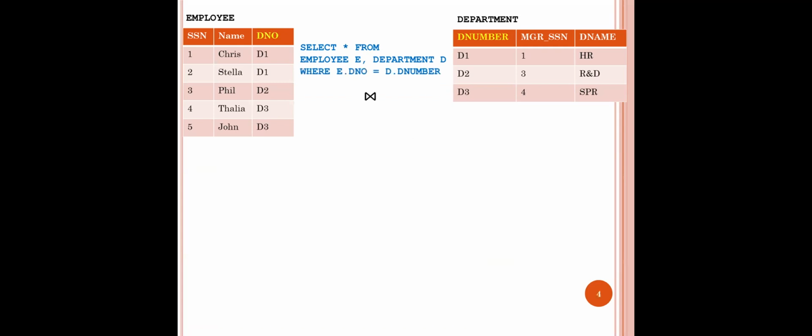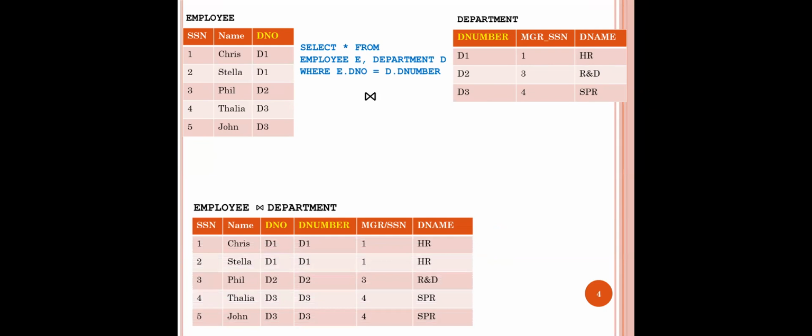Now let's introduce in our query the join condition, where I am associating the foreign key with the primary key. This means that I would like to retrieve only the matching tuples and not all the concatenated tuples. And of course, if you are doing that, this will be the reasonable outcome, where you're associating an employee with a corresponding department.